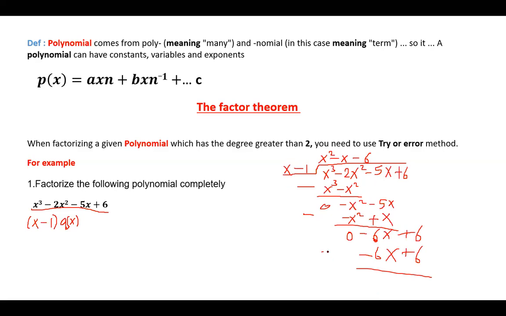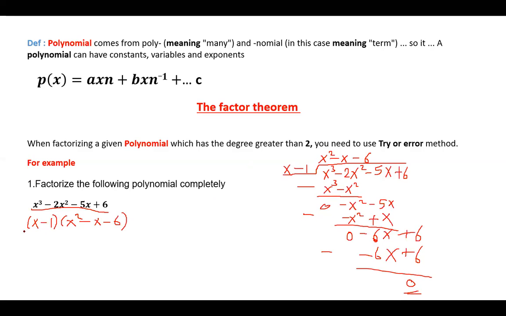When you subtract these two, you discover you are getting zeros down there. If you have a number here, this number is what we call the remainder. If the remainder is equal to 0, it means that what you have found on top there is also a factor. So this q(x) is the quotient that we have found, which is x squared minus x minus 6.